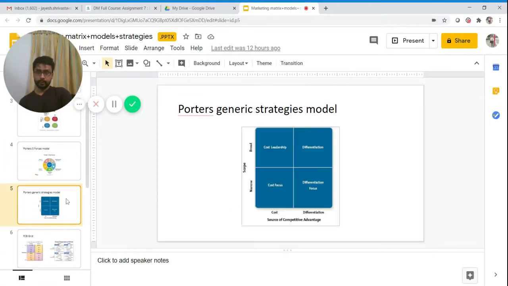Okay, next is Porter's generic strategies model. This is again a matrix between scope, which could be narrow or broad, and source of competitive advantage. The source of competitive advantage can be cost leadership or differentiation strategy. Cost leadership means we introduce our products or services at a lower price than the other competitors.